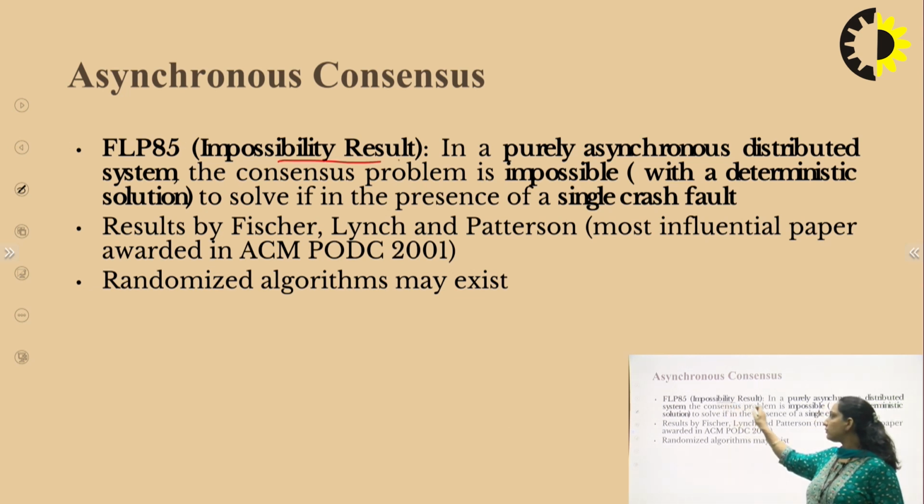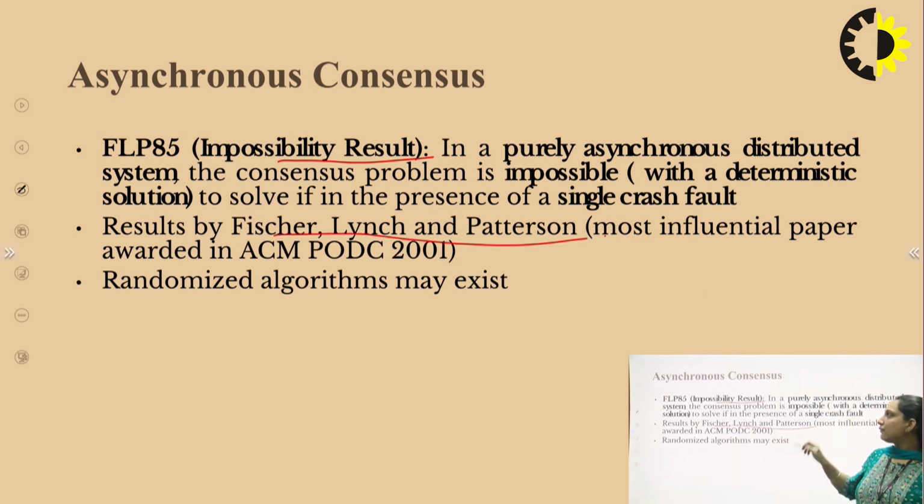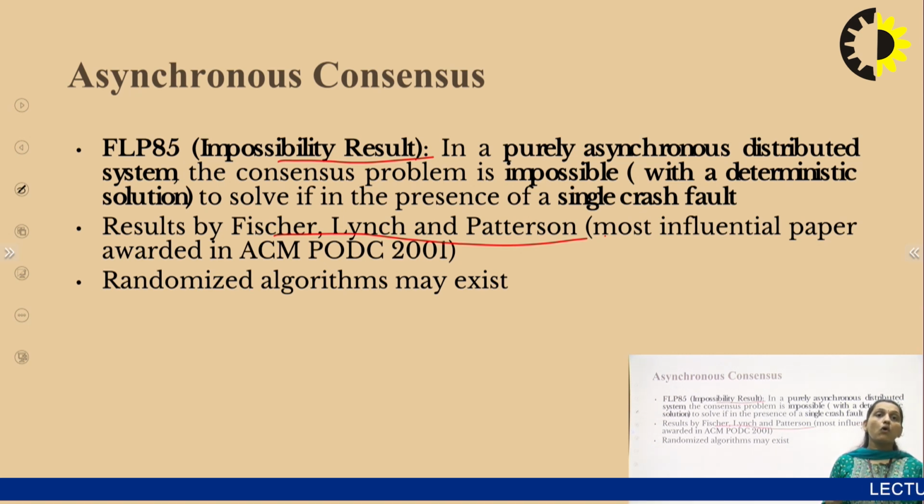The proof of impossibility was given by Fischer, Lynch and Paterson, FLP 85. They say that in a purely asynchronous distributed system, with no time constraint and no upper bound, a deterministic consensus protocol is impossible if we have even a single crash fault.